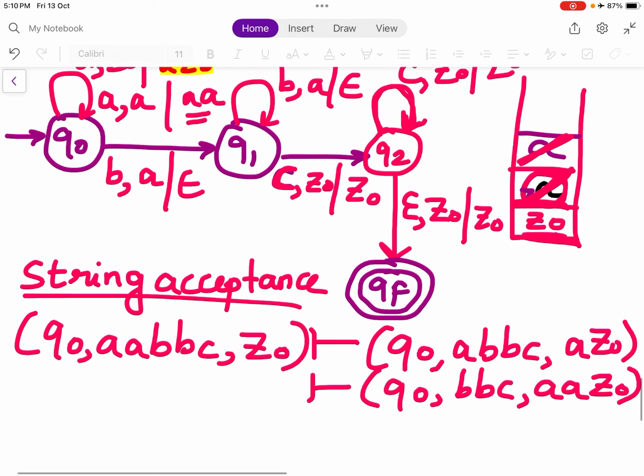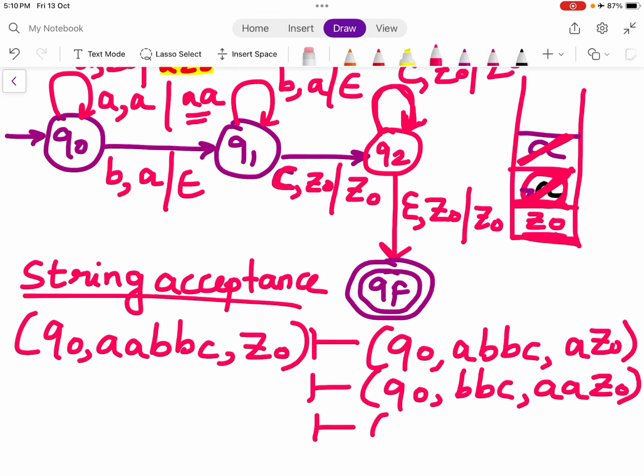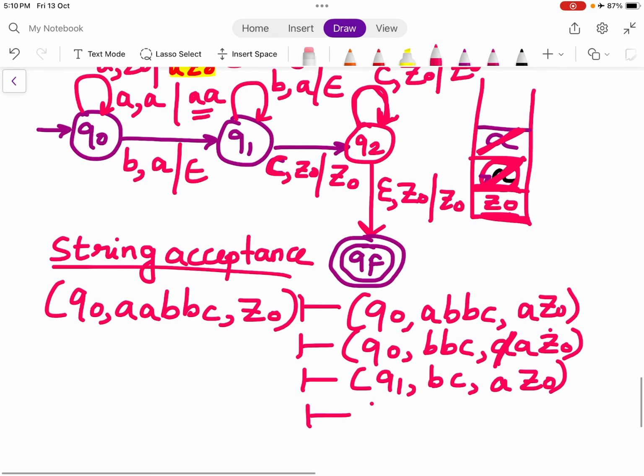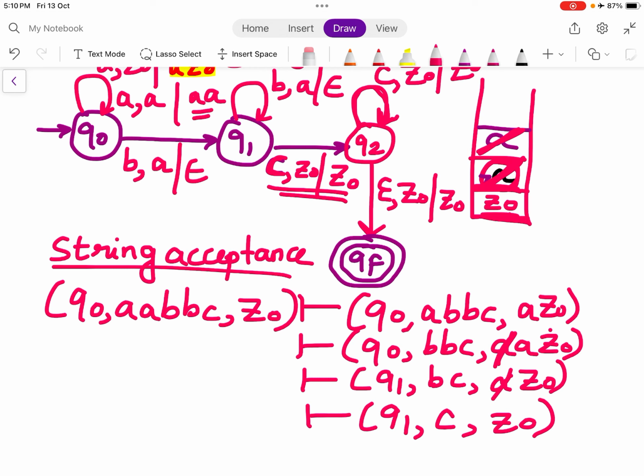Q0 on B goes to Q1 state, so Q0 on B goes to Q1, you have B, C. You will pop one A, so you get A, Z0. Again Q1 on B goes to Q1. You are left with a C. This A will also be popped. You get a Z0. C, Z0 gives us Z0 and goes to the Q2 state.